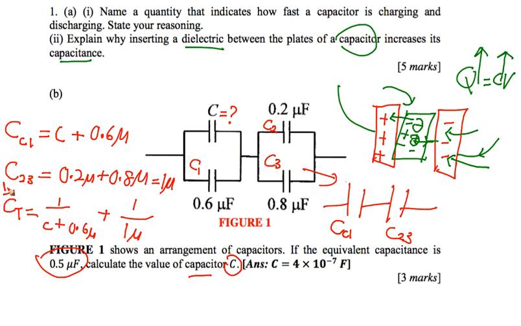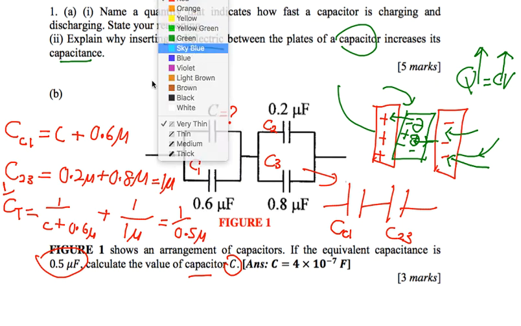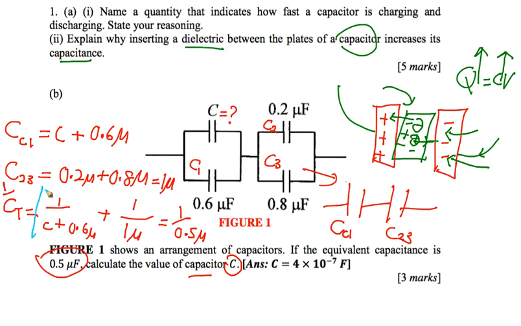Now CT is given by the question as 0.5 microfarad. You can use the equation here to find the value of C, and the final answer for C is equal to 4 times 10 to the power minus 7 farad. Thank you.